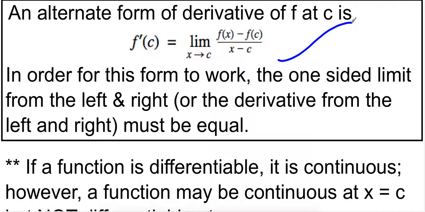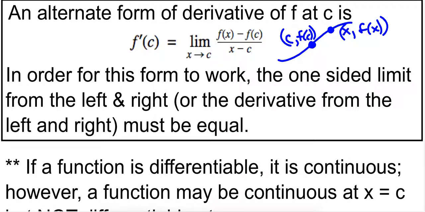So suppose you have this curve, and we want to find the slope at this point C. So this is the point C, f of C. Okay, so the way we're going to get that slope is we're going to pick another point on the line. We'll call it point X. So this is X, f of X. And we'll find the slope of the line between those 2 points.